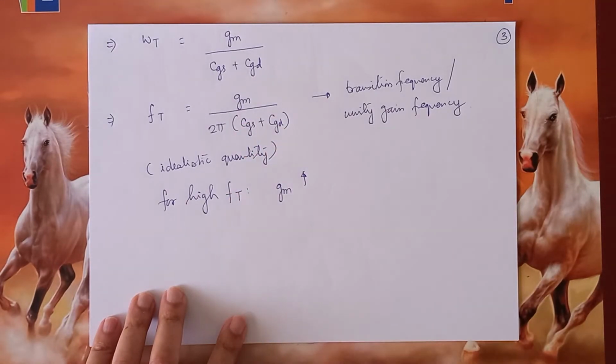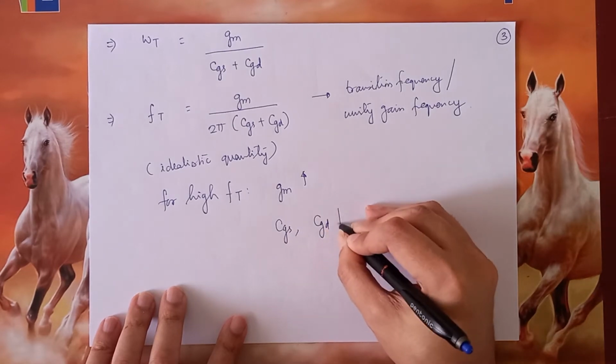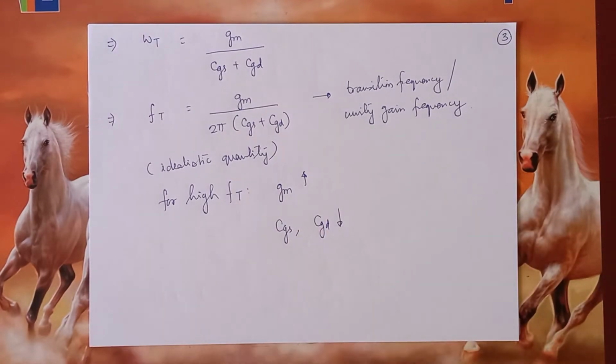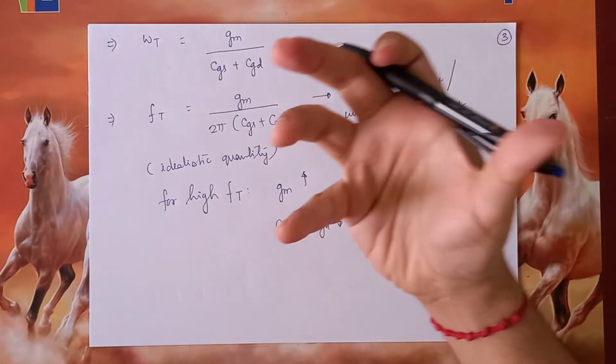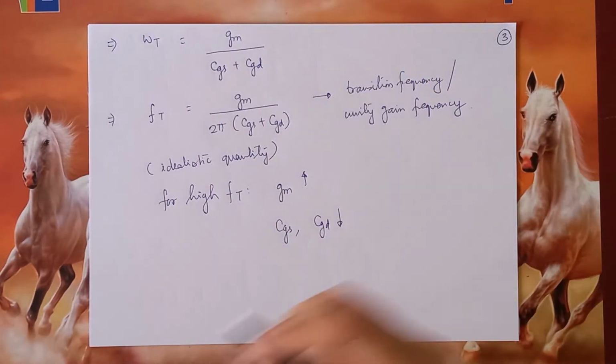It is CGS and CGD. So if you want to have high Ft, CGS and CGD should be low. And that happens, that is CGS and CGD become low only when your device keeps getting smaller and smaller, when the MOSFET transistor is scaled down more and more.